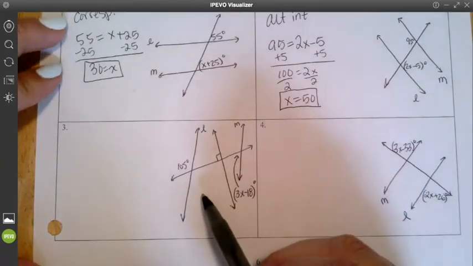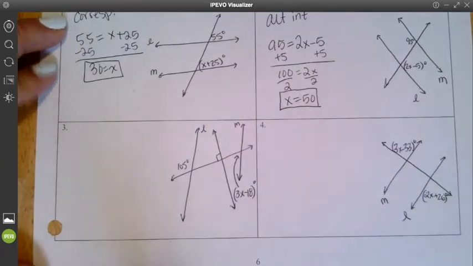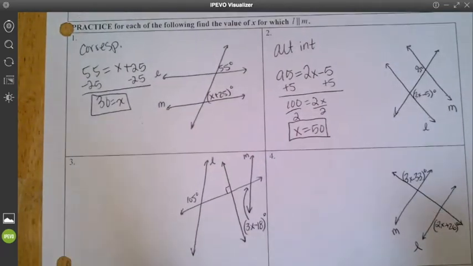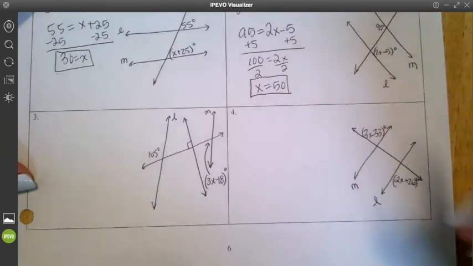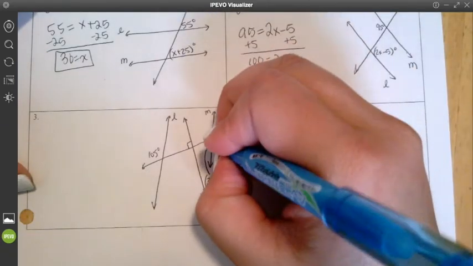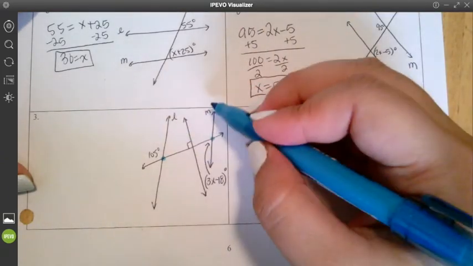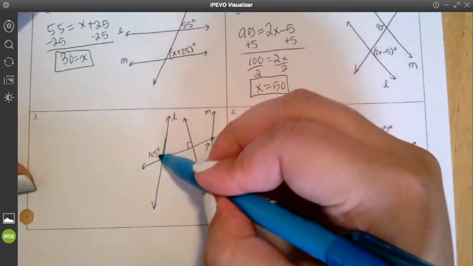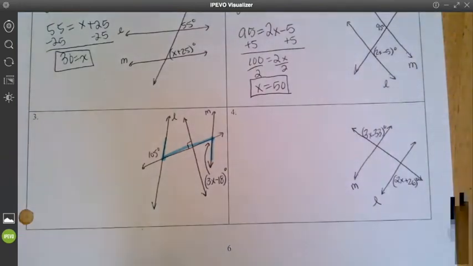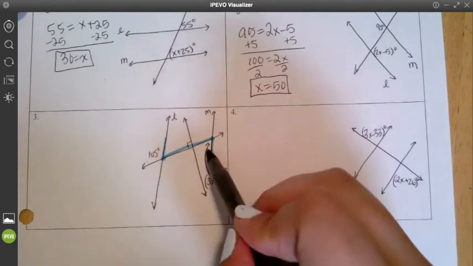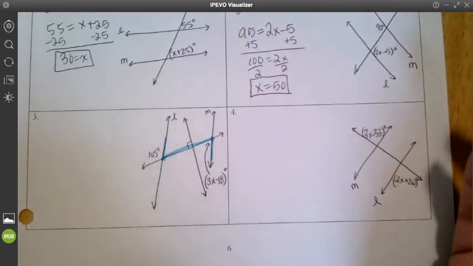Number 3, we have more than 3 lines here, so I'm going to go ahead and draw the Z. Okay, so we're looking at this angle and this angle. In order for L and M to be parallel, here's my Z. There's no special name for it, right?